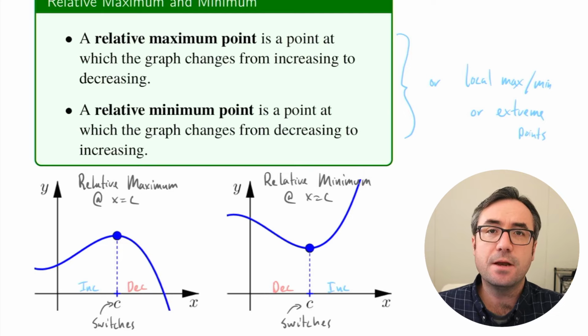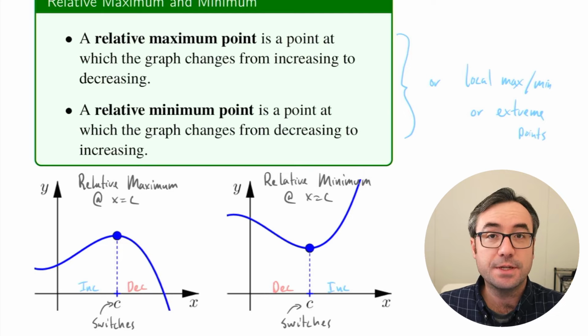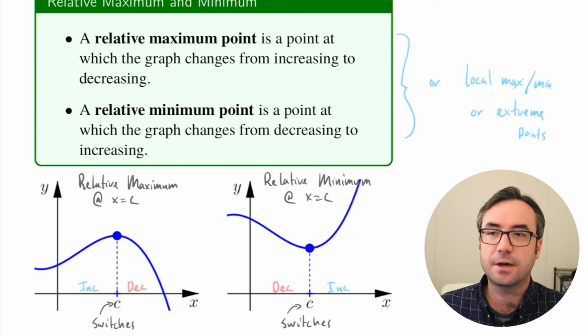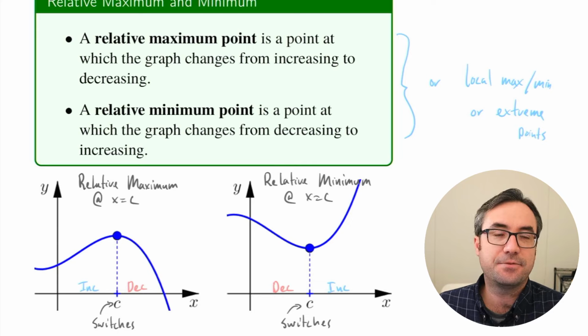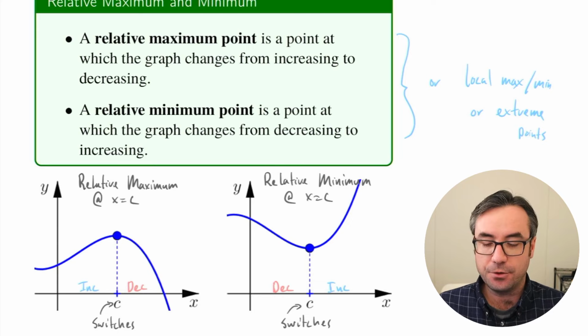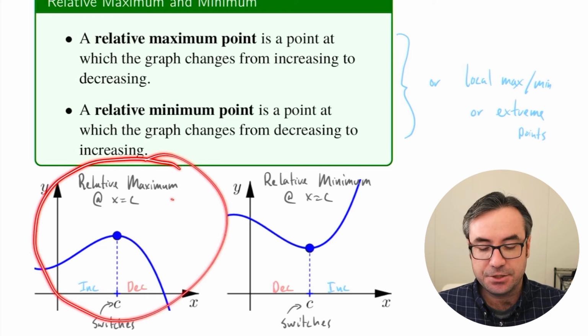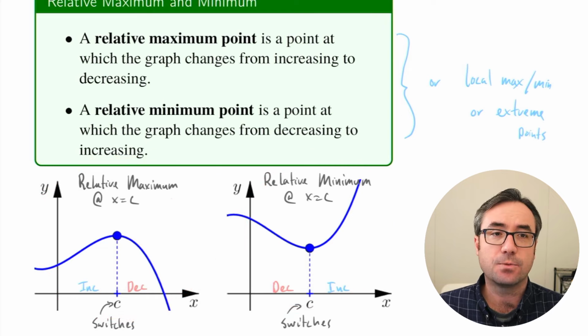This is going to be another key feature, and one that's especially important once we start talking about optimizing functions. The whole key to finding the optimal value is going to come back to these two definitions, relative max and relative min.